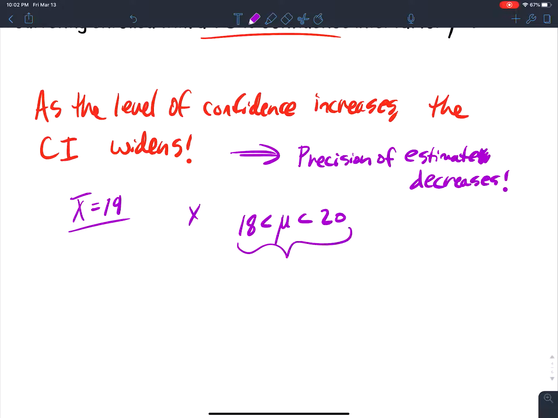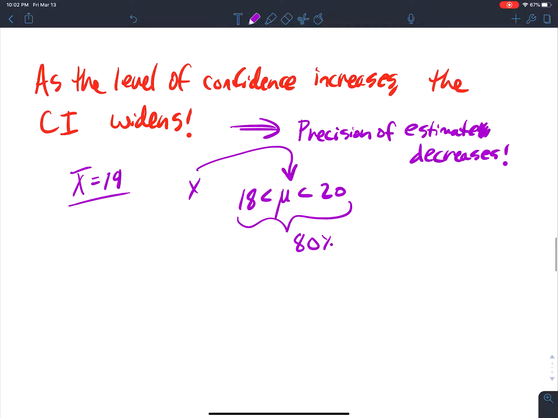Maybe I'm like 80% sure, my level of confidence is 80%, that the true average for our class in here is between 18 and 20. Maybe it is, maybe it's not, I don't know. But that's a better guess than just saying, I bet it's 19. All right, I got a better chance.